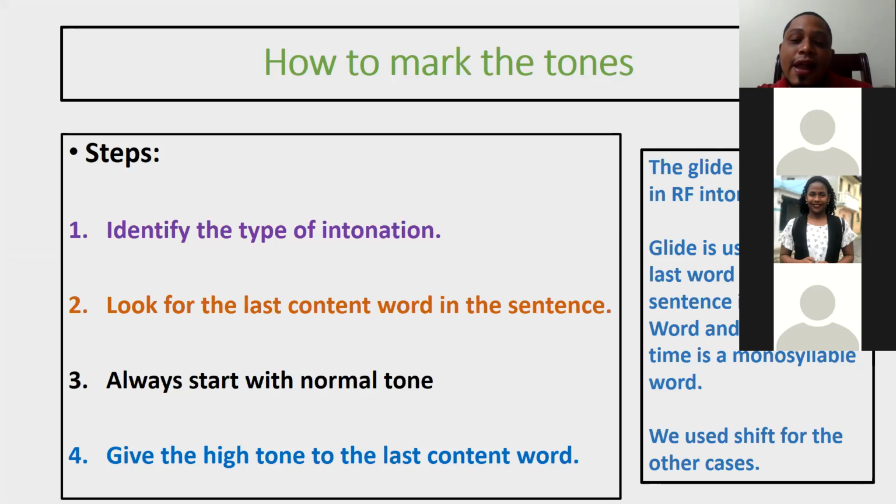And the glide is used when the last word of the sentence is a content word, but this word at the same time is a monosyllable word. That's what I just told you, okay? And we use shift for rising falling and also for rising intonation.